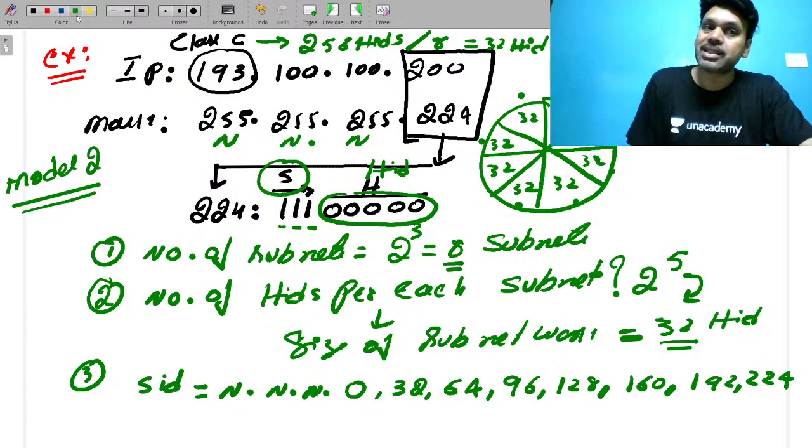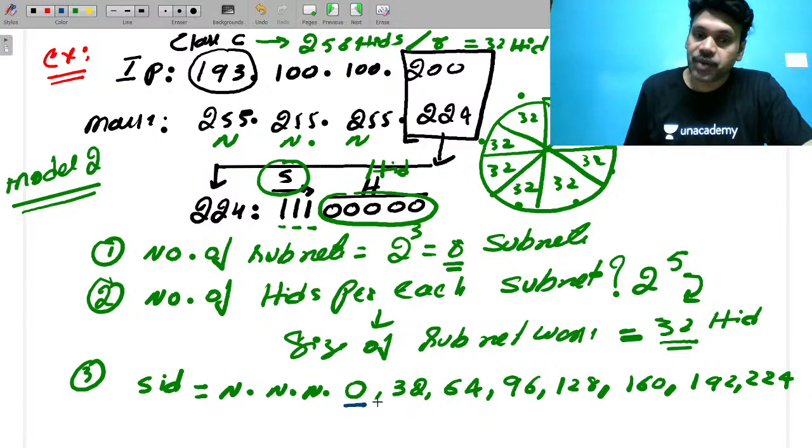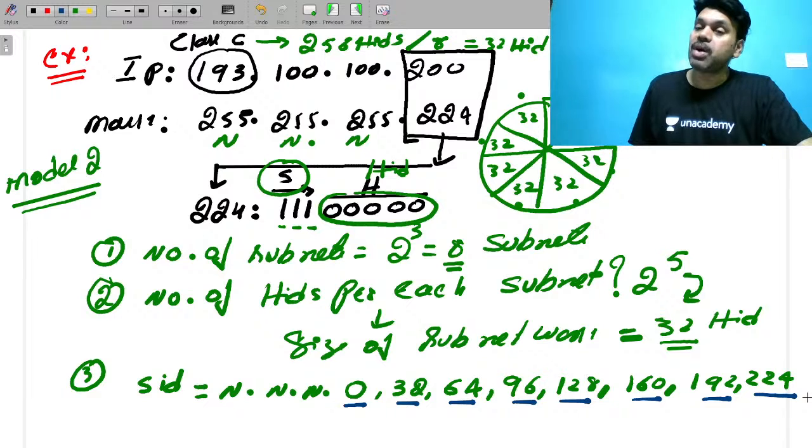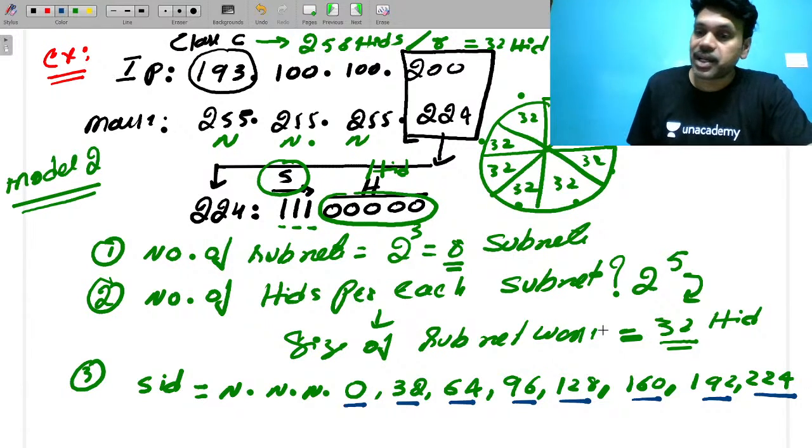See how easily we got the subnet IDs, right? So what I said, please understand carefully. Your number of HID positions is 5 bits left over because 3 bits are being masked. So the number of HIDs is nothing but 2 power 5.